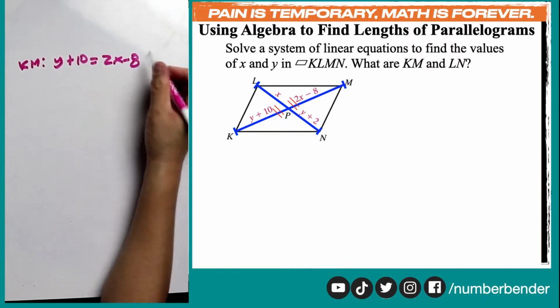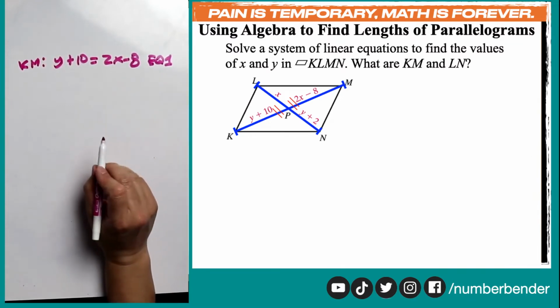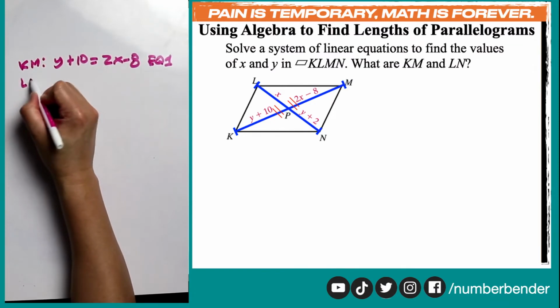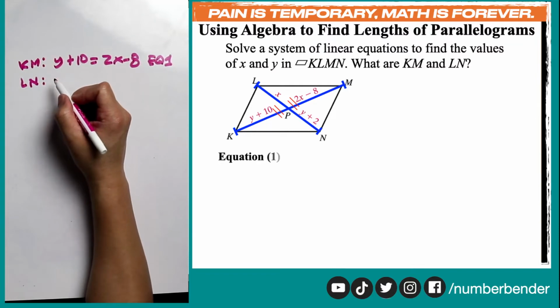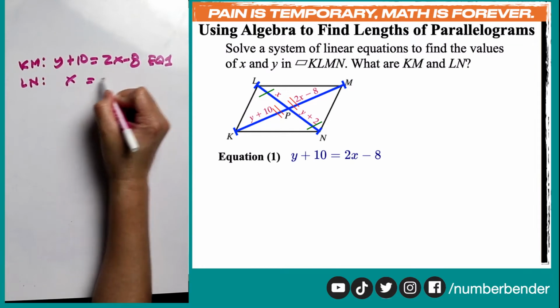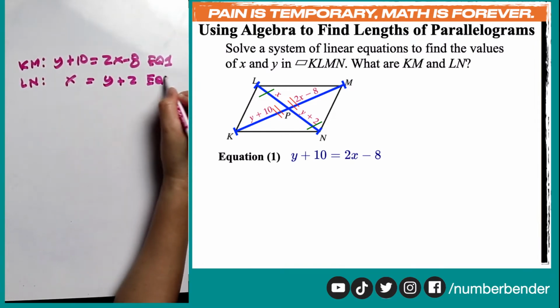And that is the first equation that will help us solve this linear system. Because we know that LP is equal to x, and we know that LP is congruent to PN, we can come up with an equation for LN, which is x equal to y plus 2. And this is our equation 2.